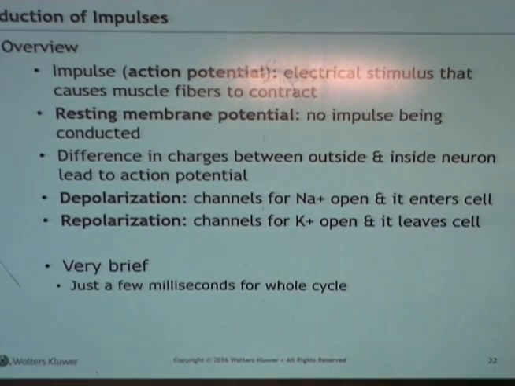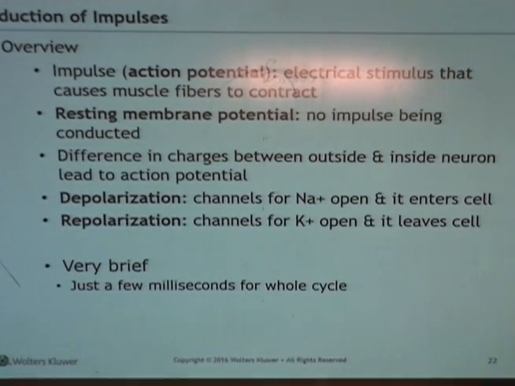Okay, so the last bit of the information is looking at how does the signal actually travel down the nerve, and then some of the adaptations that we see within the nervous system with regards to different training programs. All right? So the signal, the impulse, the action potential. Remember that it's an electrical signal.